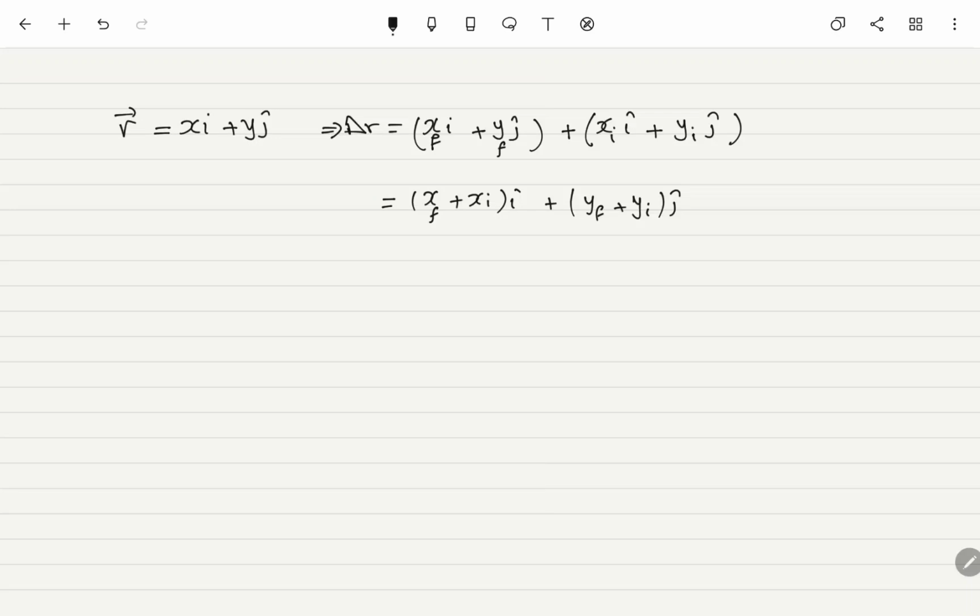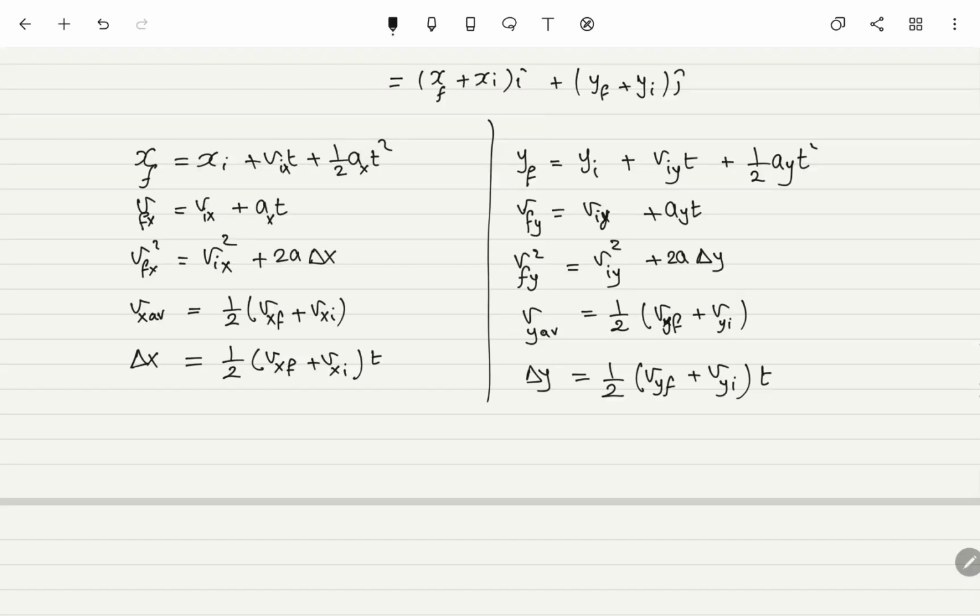The same five equations we learned in one dimension can be applied easily. As we can see, there are two sets of equations, one on x and the other on y. Remember, there can be an acceleration on x and an acceleration on y.